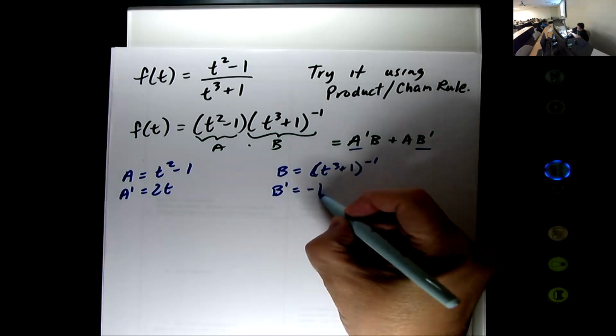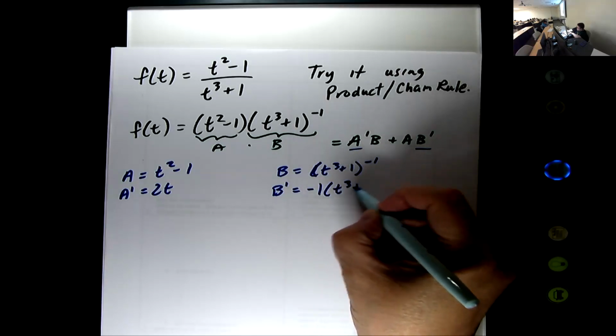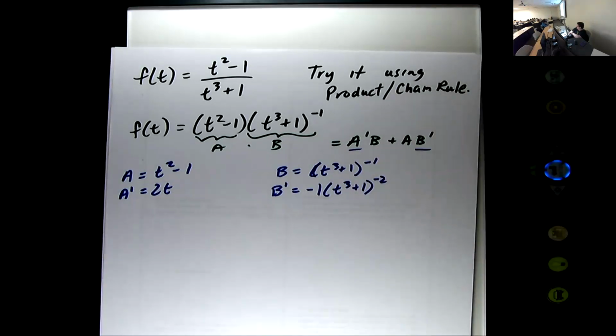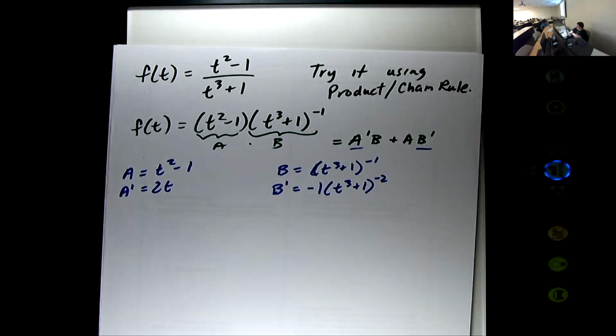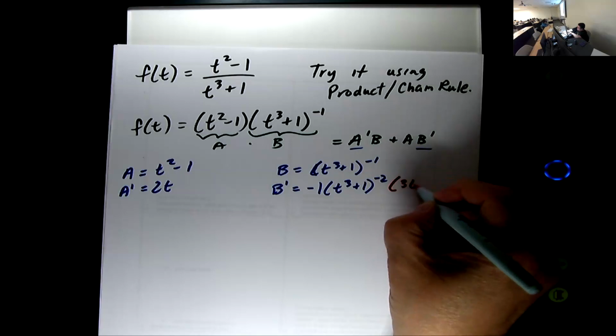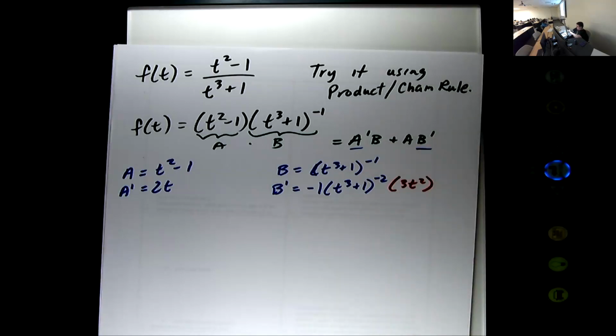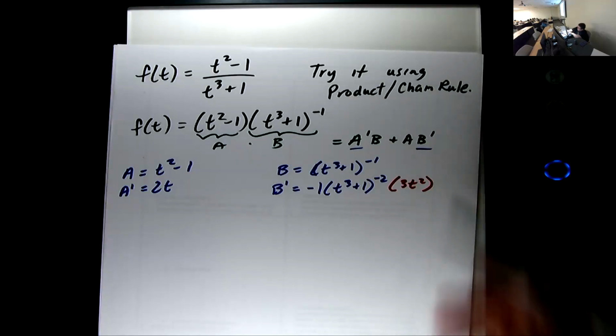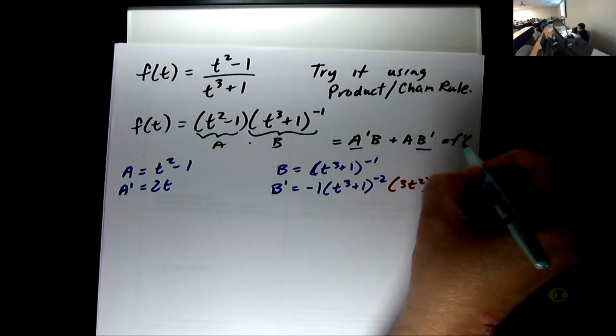So the negative 1 comes down and the power drops by 1. And then I need to take the derivative of the inside, which is 3t squared. So this would be my f prime of t.